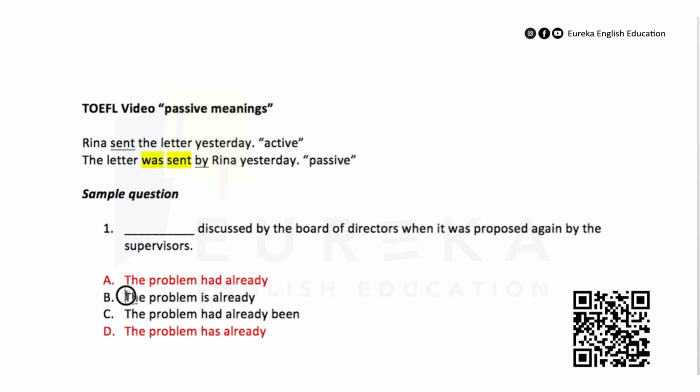With that indicator, we can conclude that the best option for this question is option C, the problem had already been discussed, since we need not only the passive verb but also the simple past or past perfect form of the verb.